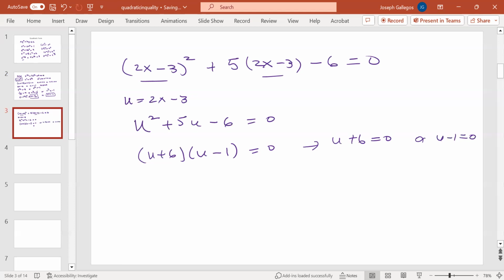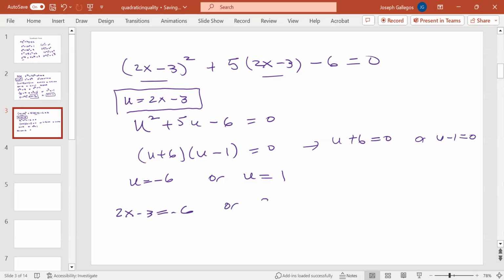And now solving each of those, we have two solutions to the quadratic form: u is equal to negative 6, or u is equal to positive 1. And now go back to the original variable, remembering that we let u equal 2x minus 3. So the first equation becomes 2x minus 3 is equal to negative 6, and the second equation becomes 2x minus 3 is equal to 1.